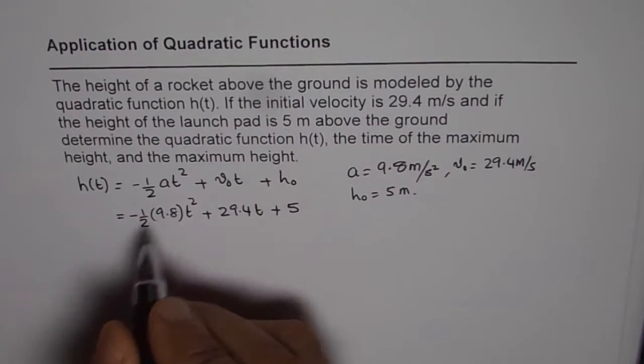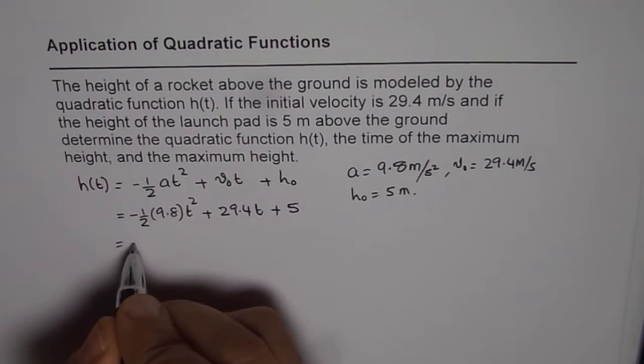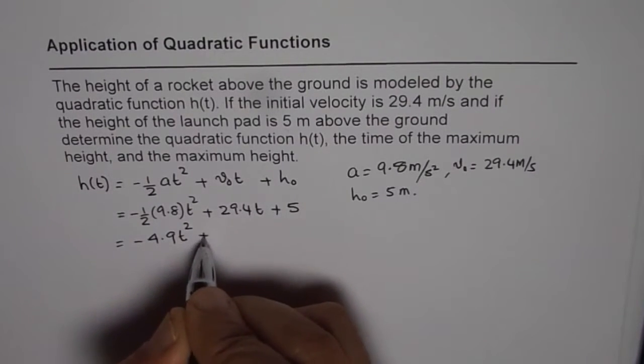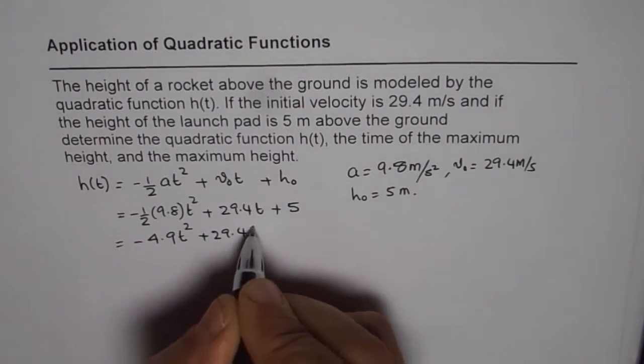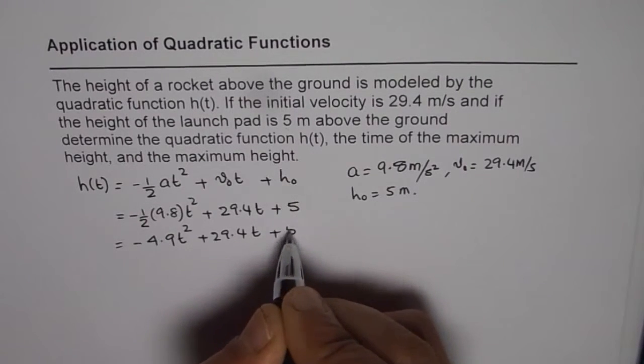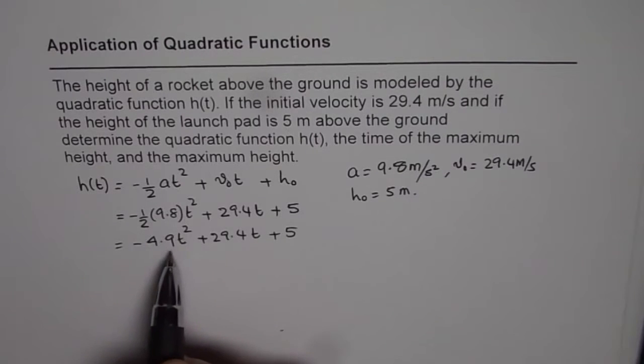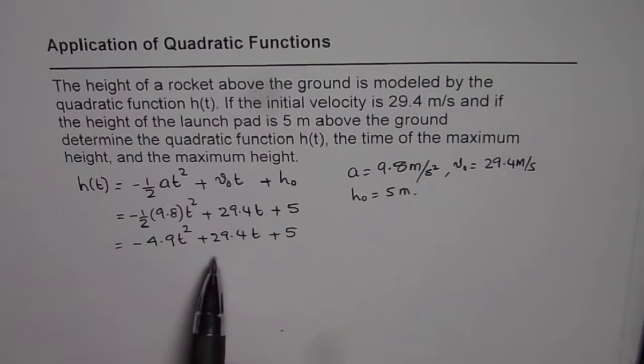Now we can just multiply this by half, which is minus 4.9 t squared plus 29.4 t plus 5. So this becomes the general equation for a parabolic path, right? You must have seen minus 4.9 or sometimes approximated to 5t squared so many times, and that's the reason, okay? So that is how you get your equation.